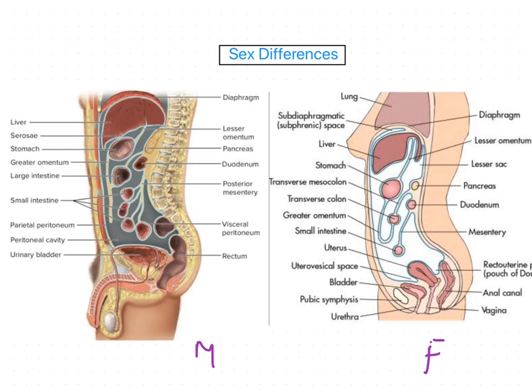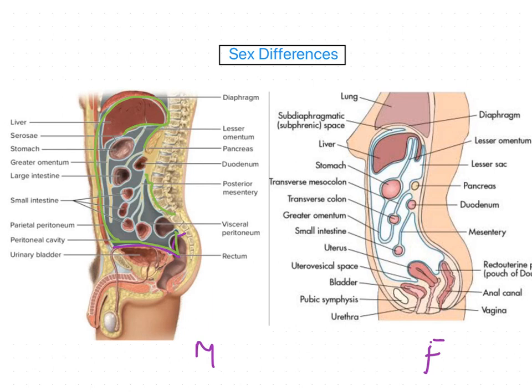Here in the male, the peritoneum is completely closed. If you can see this peritoneum here, this is the end of the peritoneum. It is completely closed in the case of the male. There is no opening here.